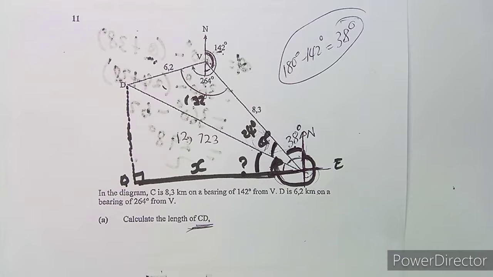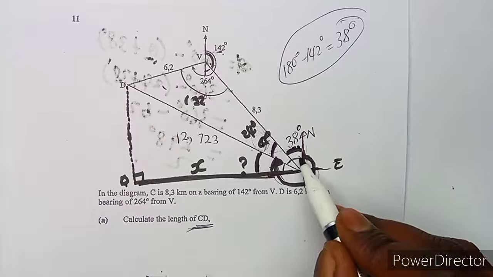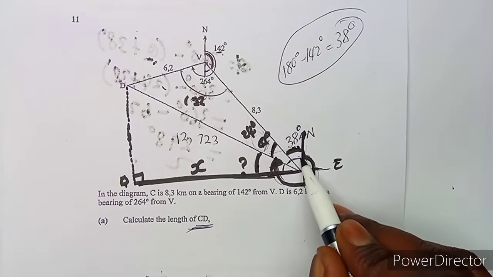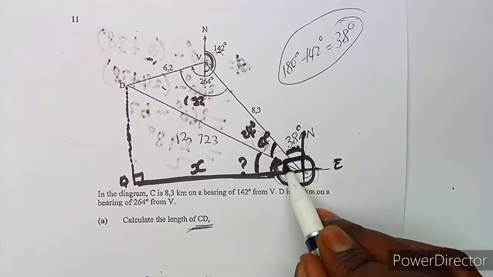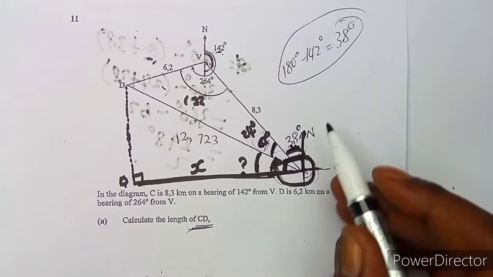But how can I have this angle? Where am I going to have this angle? Remember, these are angles which are having the north and the west line. So this one is a quadrant, which is 90 degrees. So you simply subtract these two angles from 90.